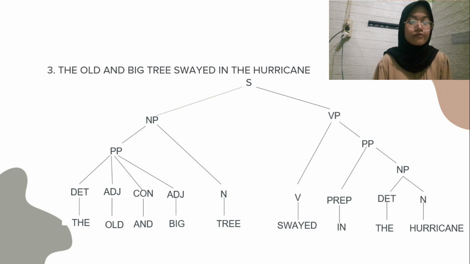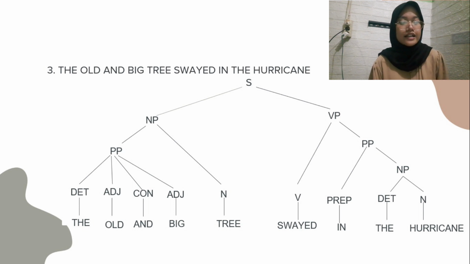So the verb phrase is divided into two: verb, sway as verb, and prepositional phrase divided into two: in as preposition, and noun phrase divided into two: the as determiner, and hurricane as noun.